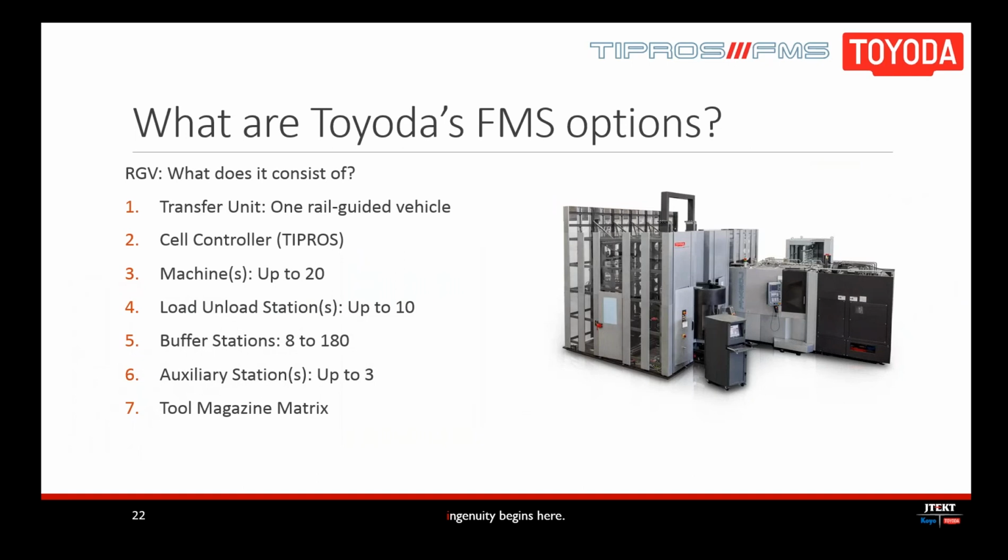We can have 3 auxiliary stations, and quite naturally, the tool matrix magazine. As you can see, this is a completely modular system. You can add machines, buffers, and loading stations as your production need grows, which will give you the ability to run true lights out production.